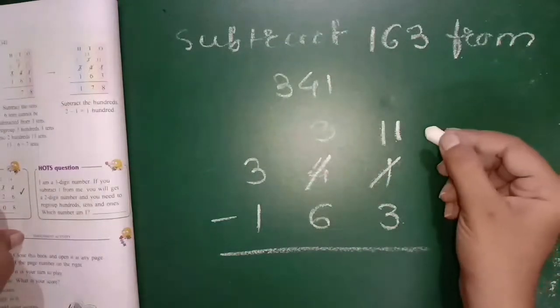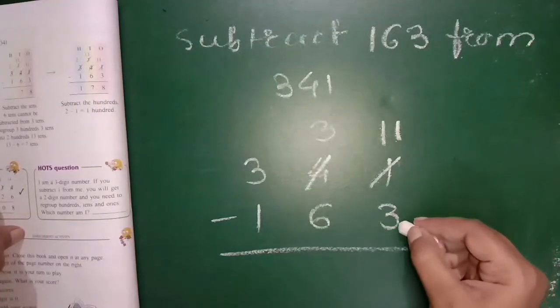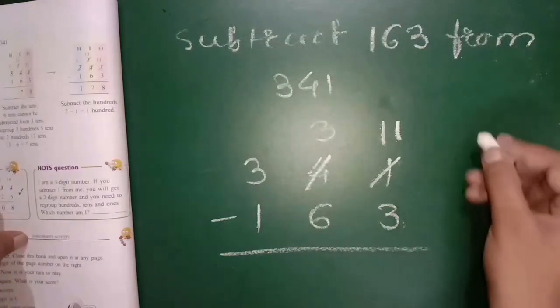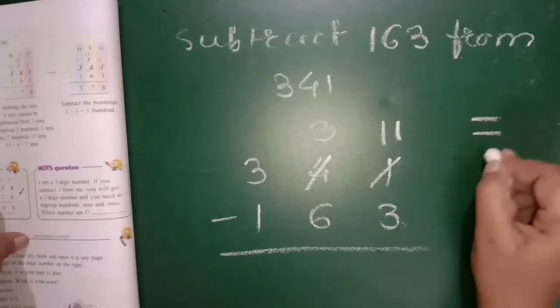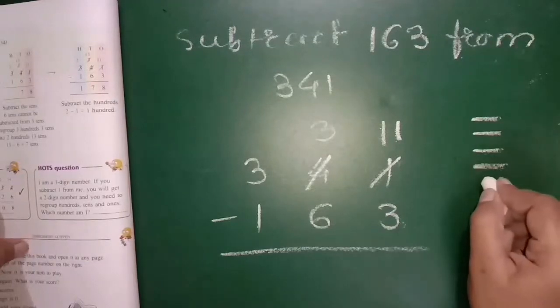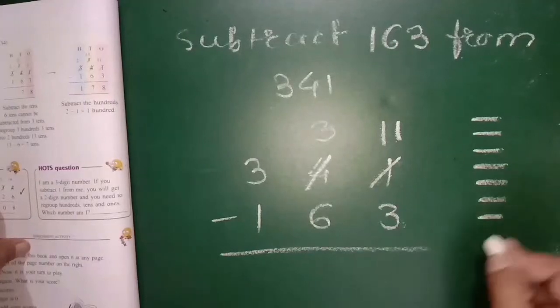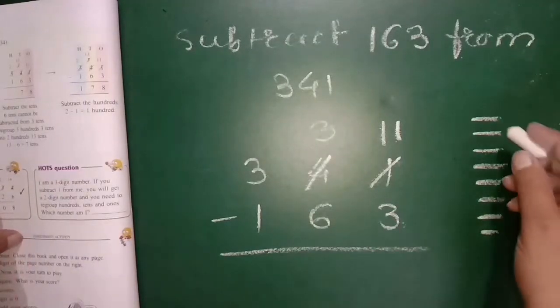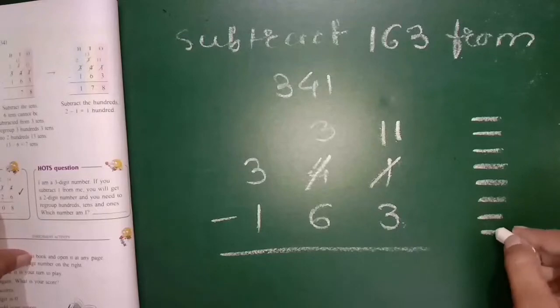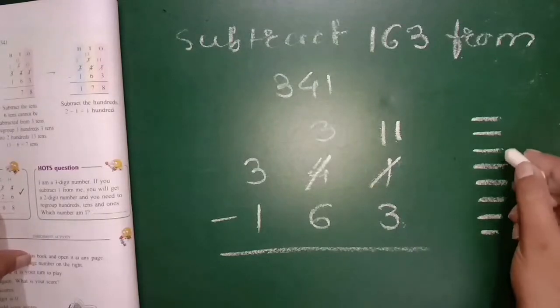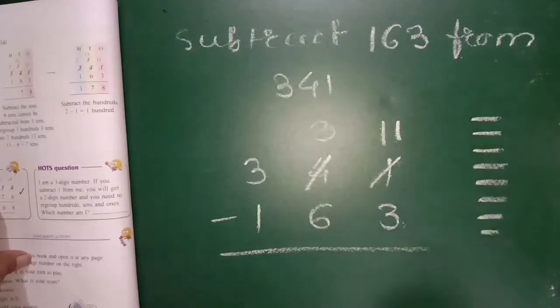Now count to 11 after 3. 4, 5, 6, 7, 8, 9, 10, 11. So count these lines. 1, 2, 3, 4, 5, 6, 7, 8. So write here 8. Okay.